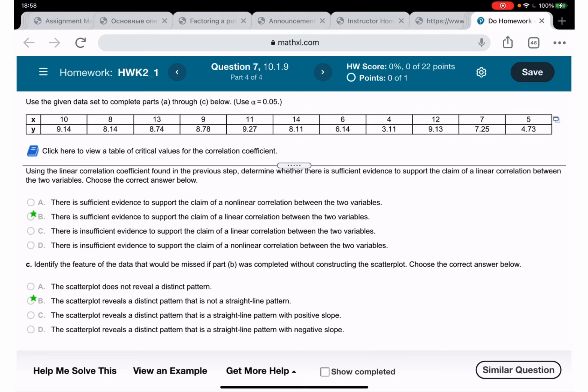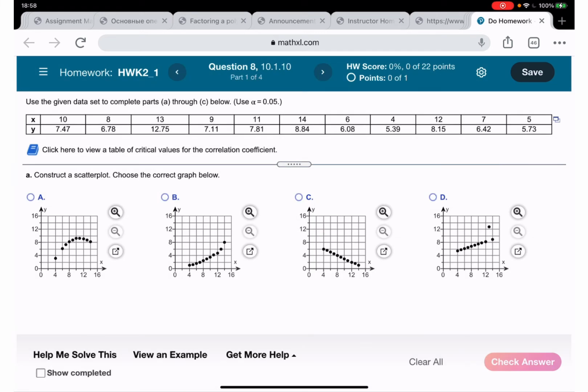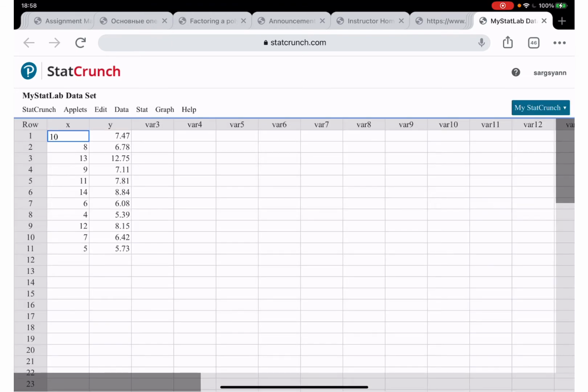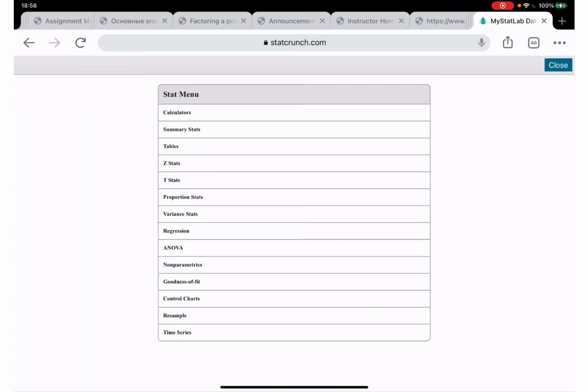Okay, moving to the next question, number 8. What do we have here? It's going to be the same way, you already know, right? So I can open StatCrunch here. Where is it?